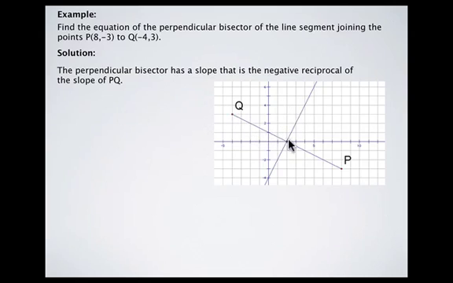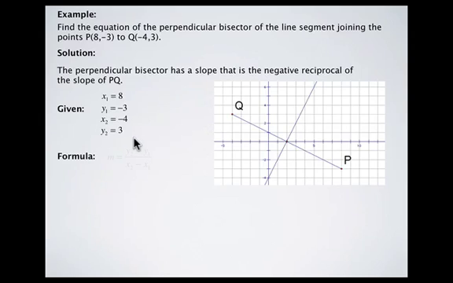So what we have to do is find the slope of PQ in order to determine the slope of the perpendicular bisector. We're given that x1 is 8 and y1 is -3 for P. For Q, x2 is -4 and y2 is 3.